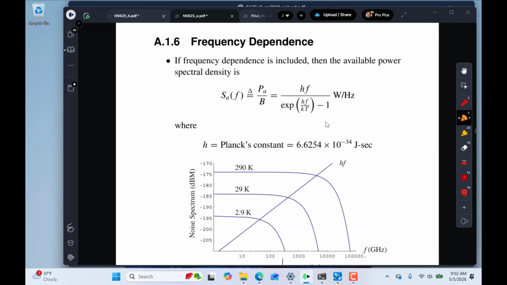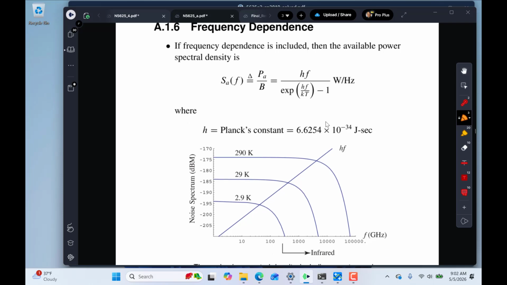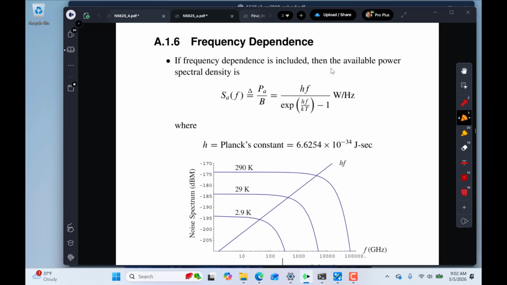It turns out, though, that there is a frequency dependence on this thermal noise power in the maximum power transfer idea, and that would be due to the physics again.